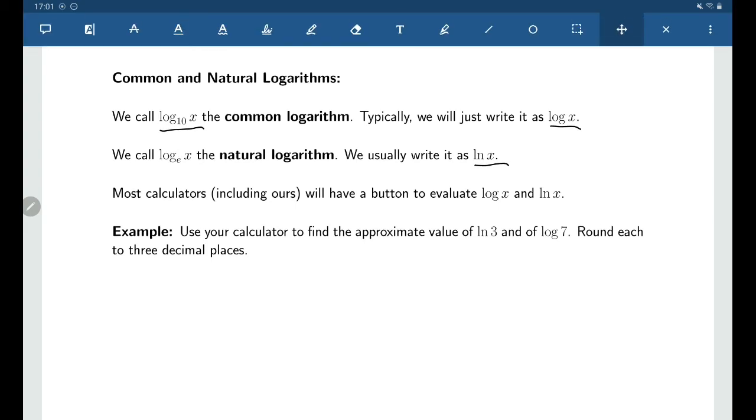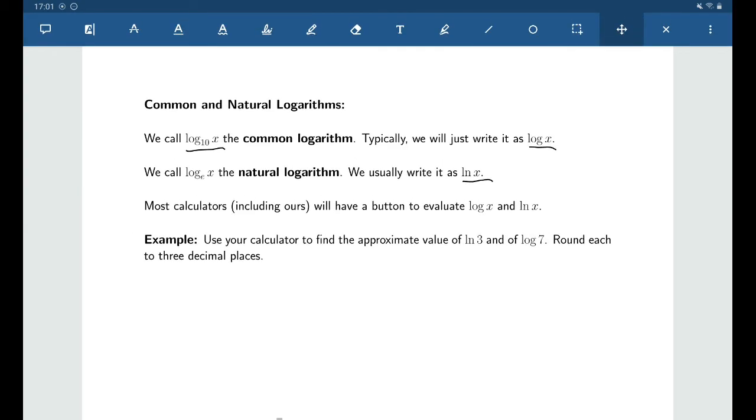So both of these exist on our calculator, and most calculators that you'll buy that have scientific functions will have a button for the natural logarithm as well as for the common logarithm. If you take a look at your calculator, you'll see that the button we used for the exponential function, e to the power of, is your natural logarithm button. ln is what's on it.